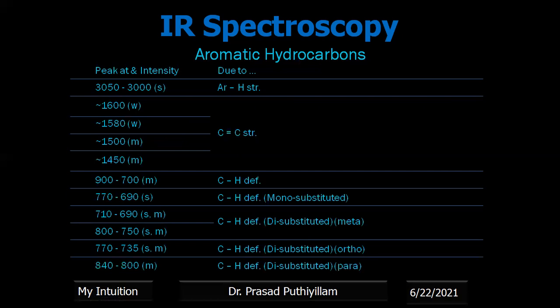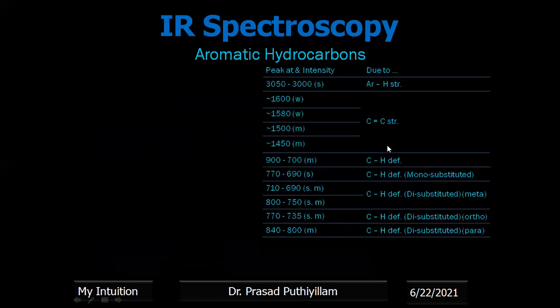For the para case it is around 840 to 800, a medium peak. When the benzene ring has two substituents, they may be in ortho, meta or para positions. That can be distinguished by seeing the spectral peaks at different frequency absorptions in IR spectroscopy.